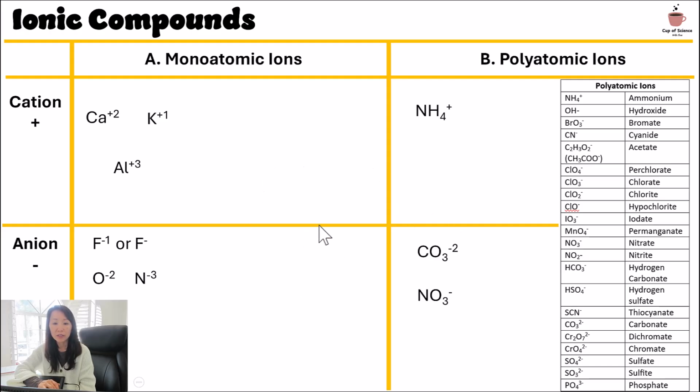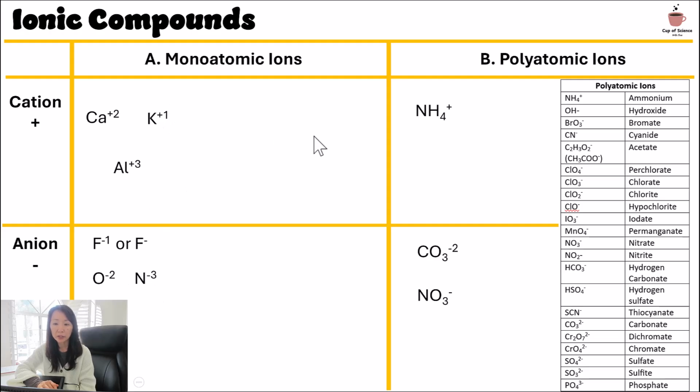Now, why am I putting all of this up? Well, in order to form what is called an ionic compound, you need to combine the cation with the anion. It could be from mono to mono, meaning this one and say this one.